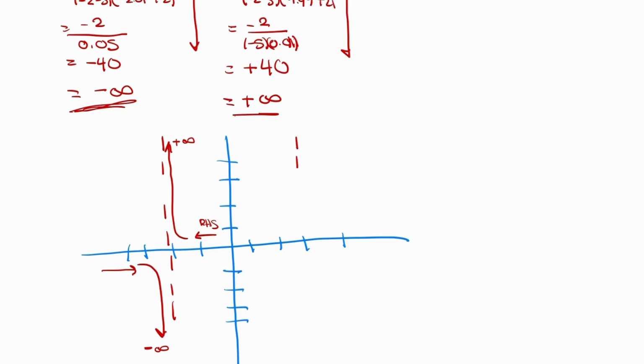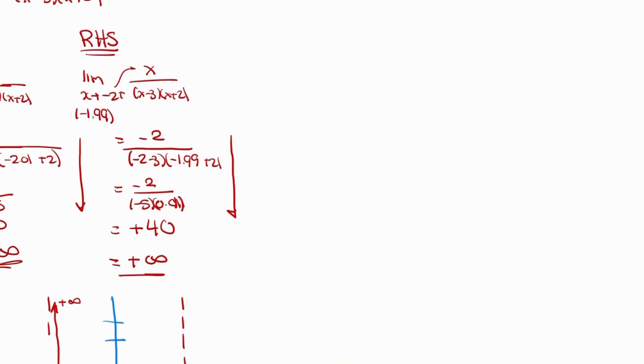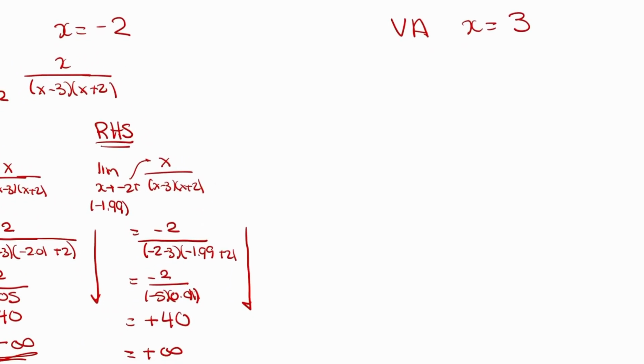So now let's do the same thing for our vertical asymptote at x equals 3. So let's just get that on there. So there's our vertical asymptote at x equals 3. And now let's pop up here and do some math. We're going to come at it from the left-hand side and the right-hand side. So for the left-hand side, we have the limit as x approaches 3 from the left-hand side. I'm going to use 2.99.